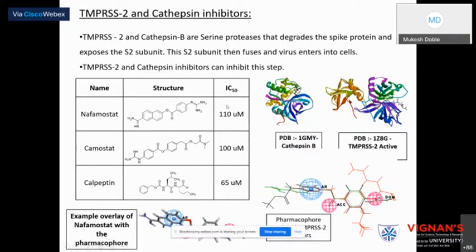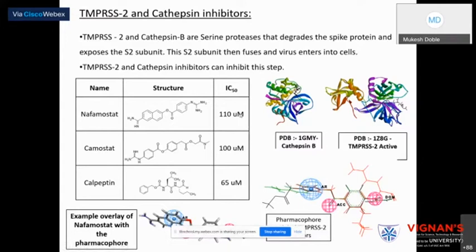So we can do something called a pharmacophore based approach. If you superimpose the three-dimensional structures of all these inhibitors one on top of another and find out what are the common features, they are called pharmacophores. What are the common structural features they all possess?